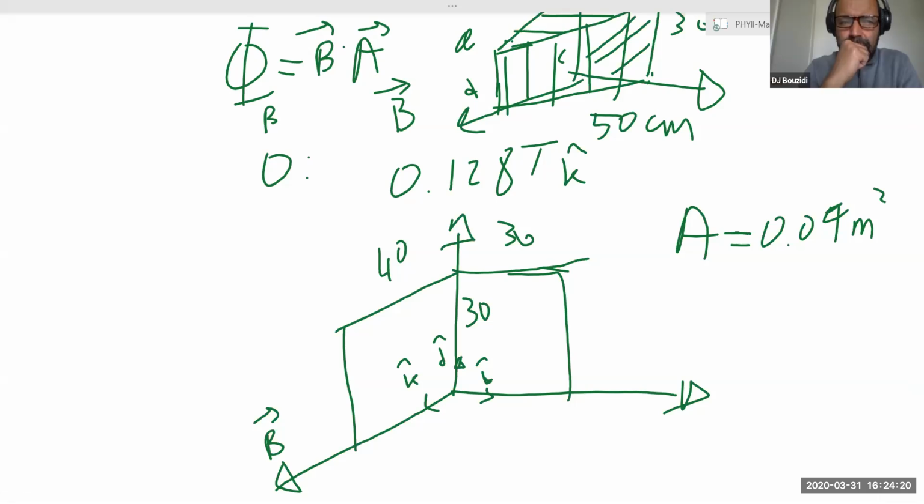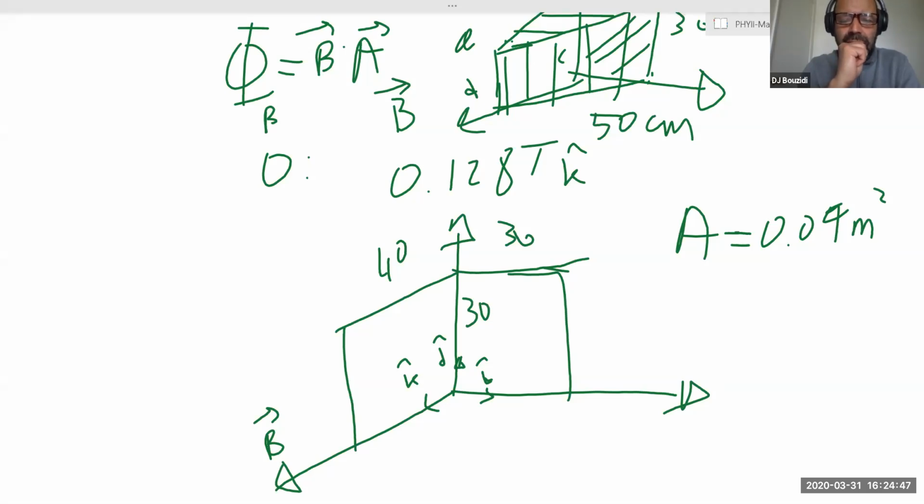Now, does anybody have any idea? First of all, the sign of the dot product, I'm sorry, because we're looking at the flux. Is it going to be positive or negative? Or is it going to be 0?